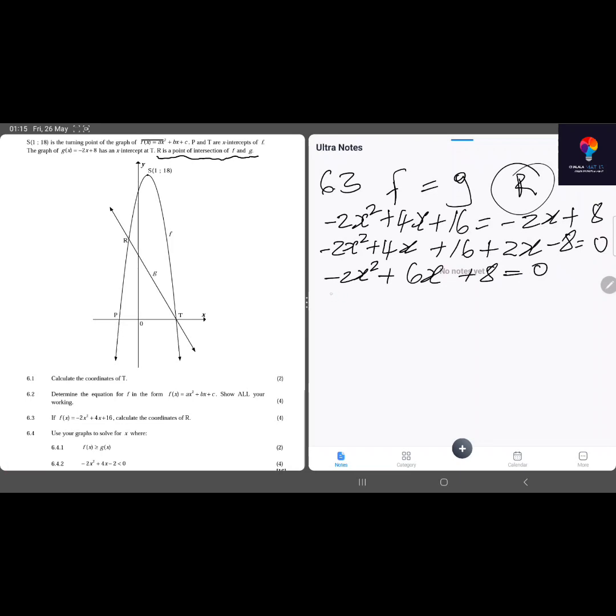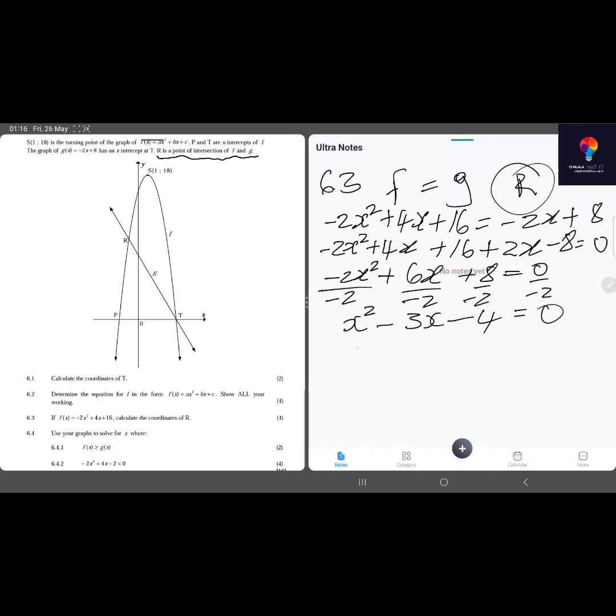For us to eliminate a lot of things, we're going to divide everything by minus 2, which is going to give us x squared minus 3x minus 4 equals 0, because 0 divided by any number is going to give us 0.